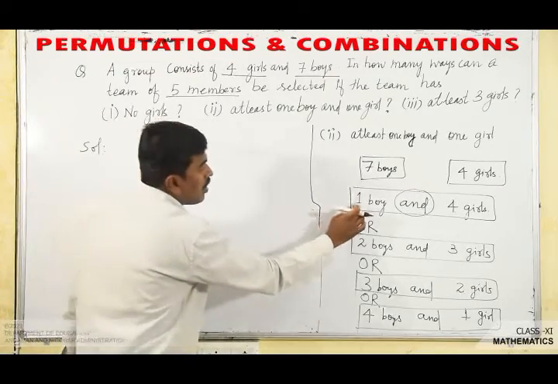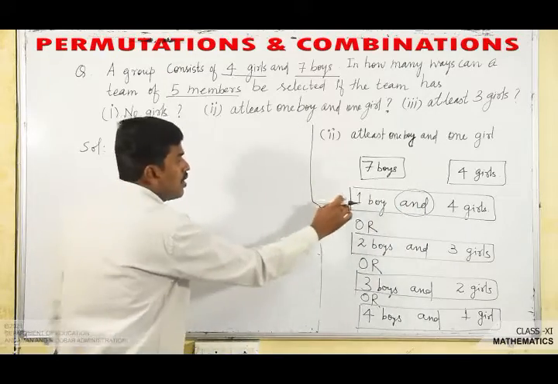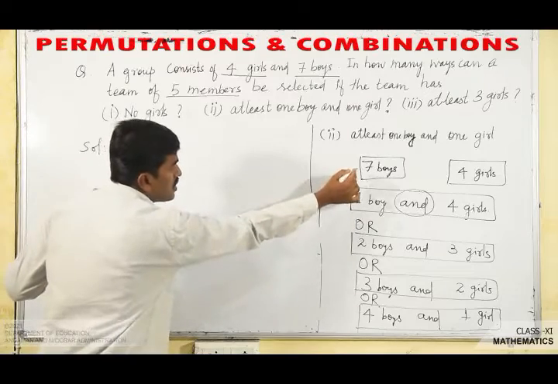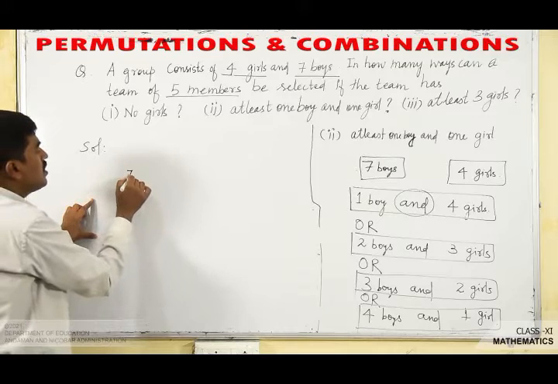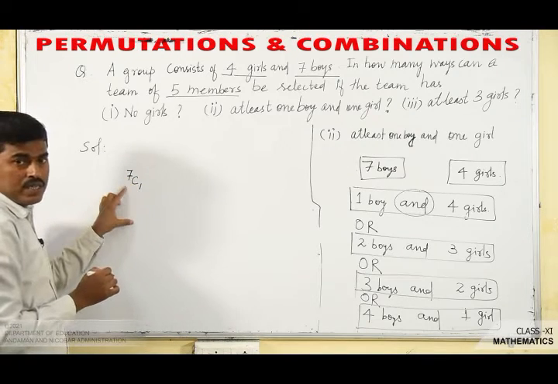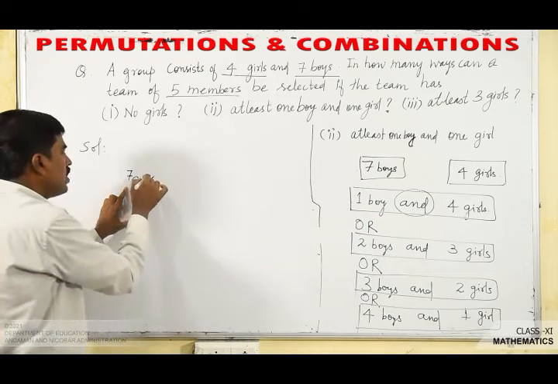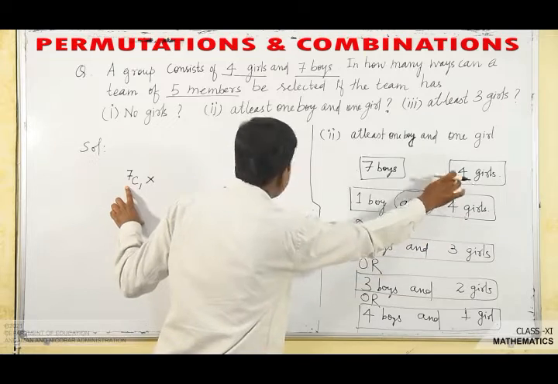Now you see in how many ways one boy and 4 girls can be selected. Now the first one is one boy and 4 girls. So one boy has to be selected out of these 7 boys. So it can be done in 7 C1 ways. And means we have to multiply there. 4 girls are selected out of these 4 girls.